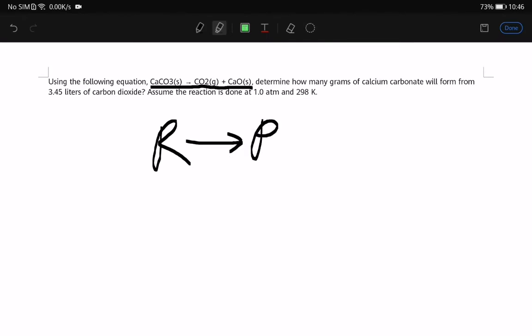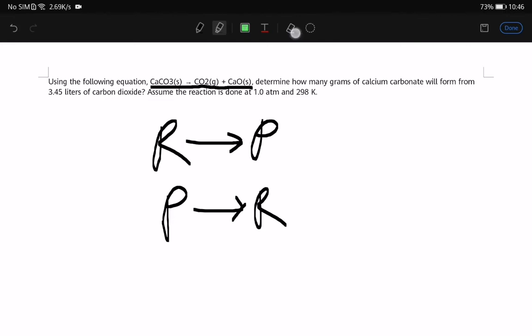Likewise, your product can decompose into your reactant. So nag-decompose yung calcium carbonate into carbon dioxide and calcium oxide.